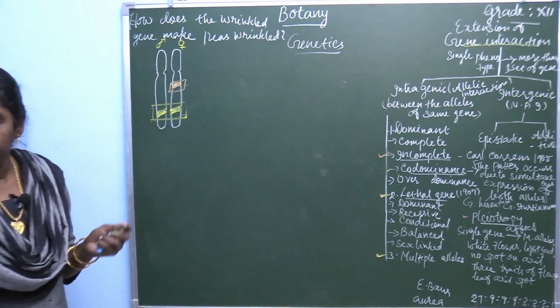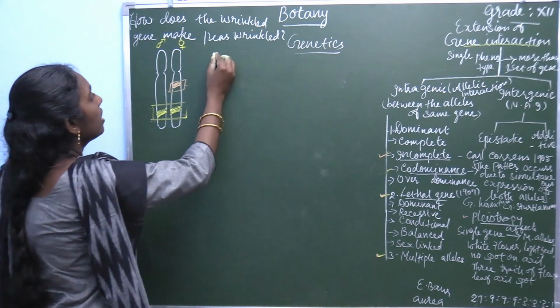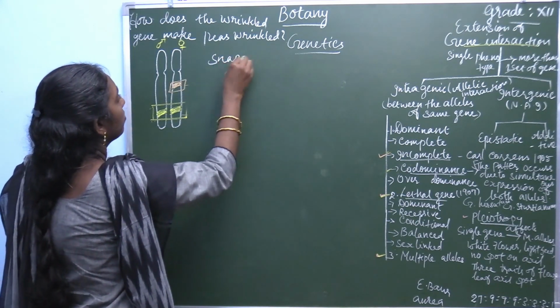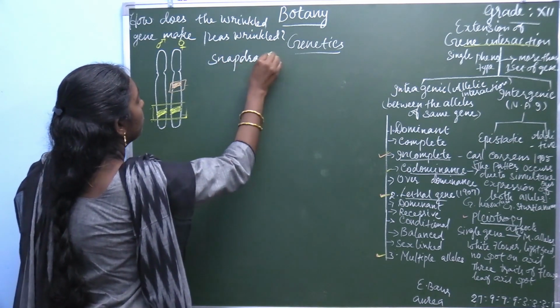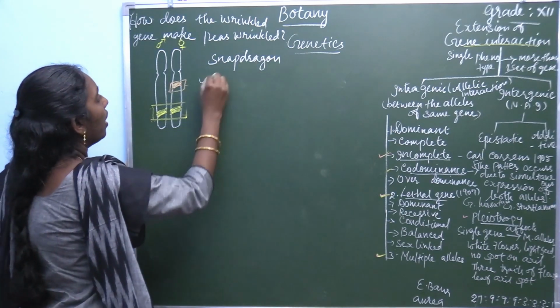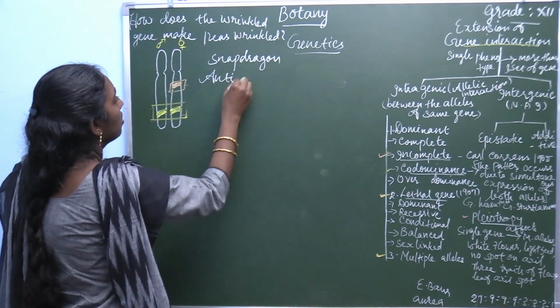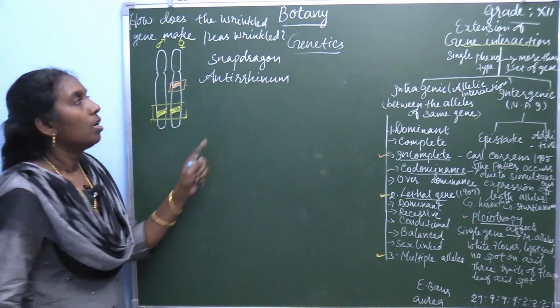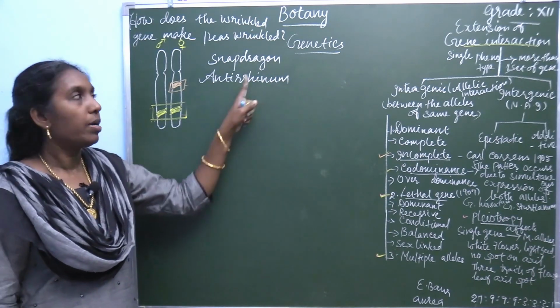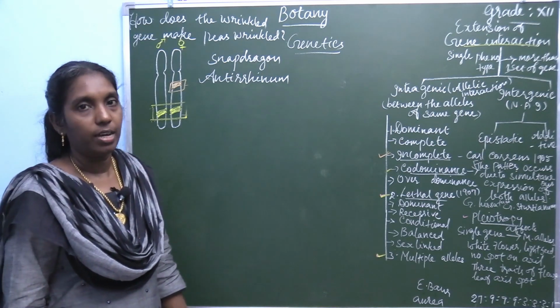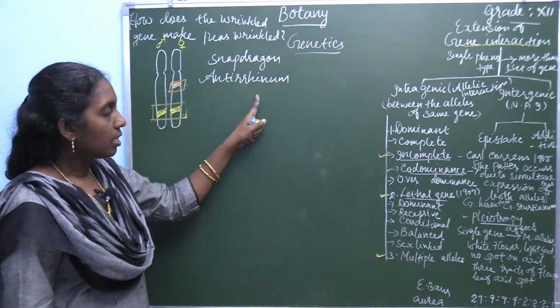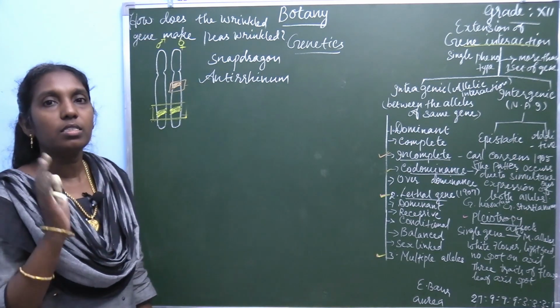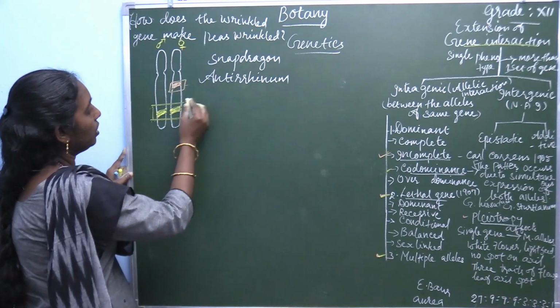Antirrhinum, snapdragon, commonly called snapdragon. In this Antirrhinum, there are three different types of genes.